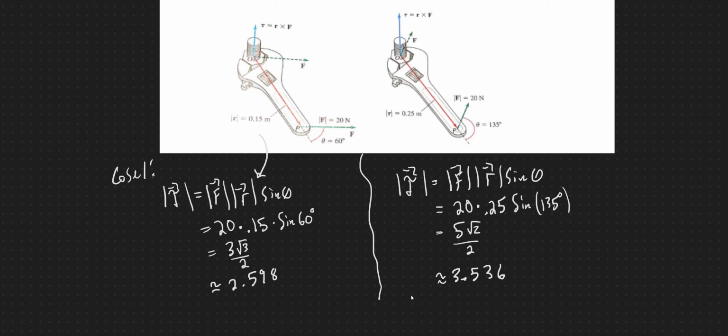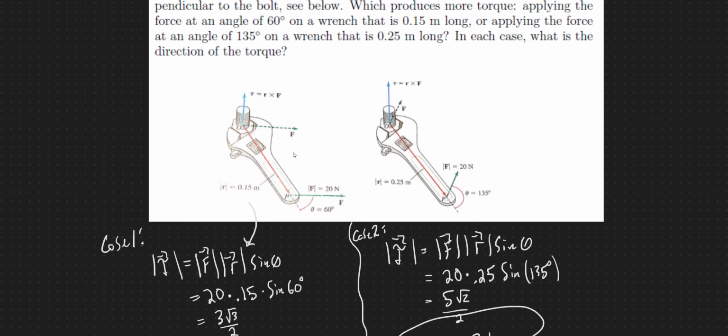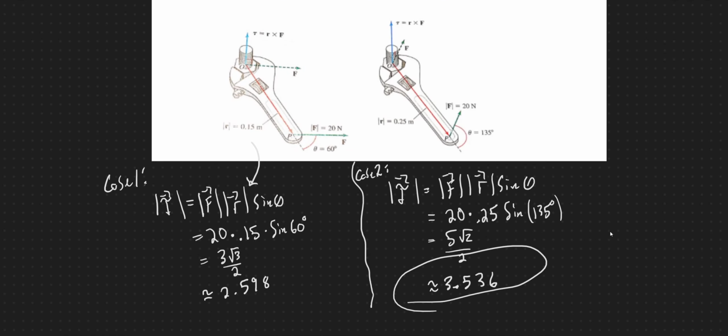And so we have our answer. In case 2, more torque is generated. By the way, these are also both going in the same direction. They're both tightening. So if I have the choice between these two, I would rather use the longer lever arm at this angle, than the other one. It gives me more torque.